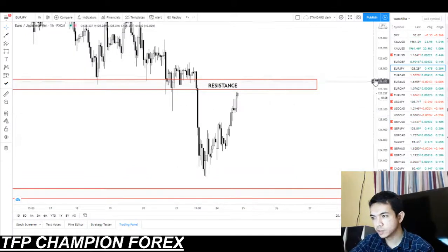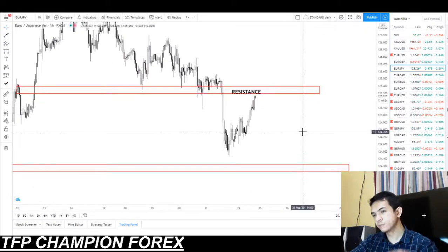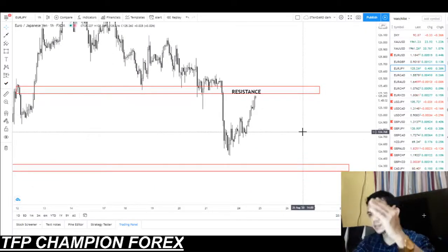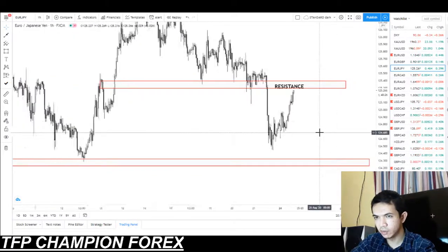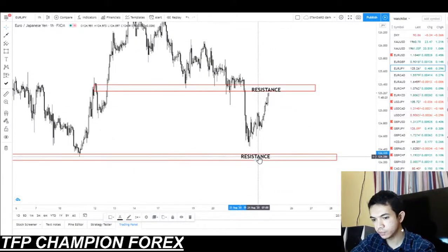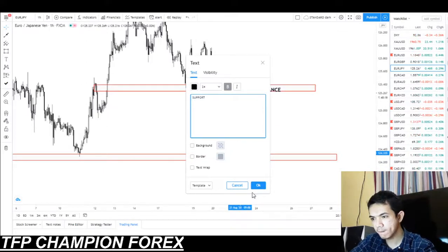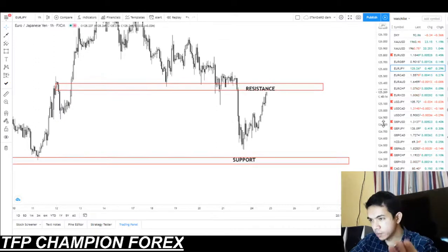All right. So again, I already know the market bias through market structure, that the overall trend is bearish. Next step, I already have my key significant levels of resistance and support. So what's next? I ask myself, where am I at the current price or level or zone?